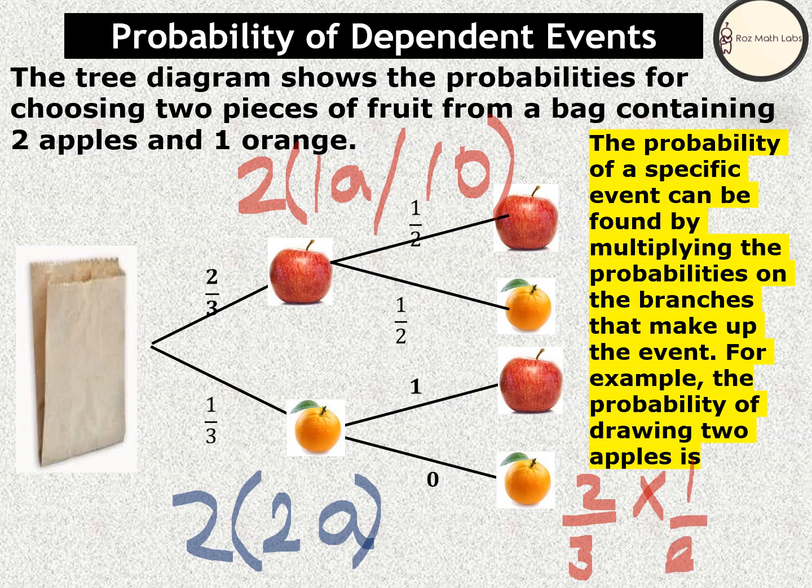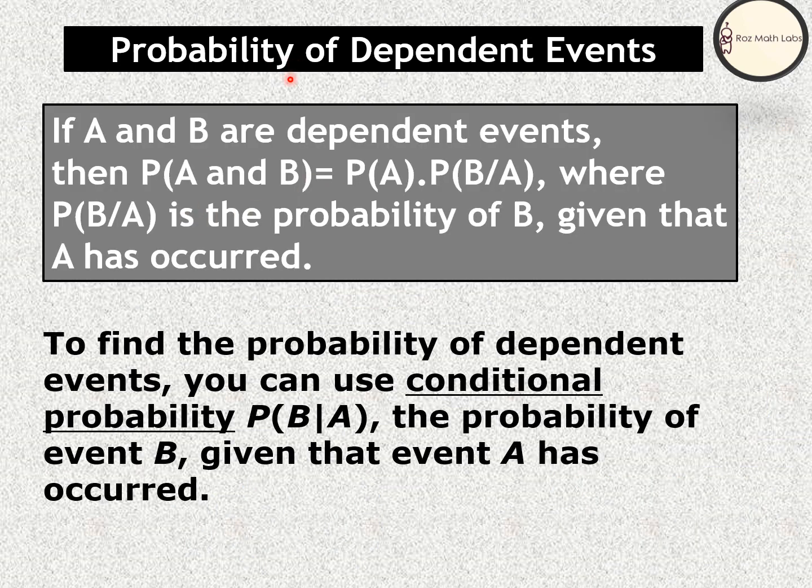So we get the answer as 1 over 3 in the simplest form, because it will be 2 over 6, that is 1 over 3. Hence we can summarize that if A and B are dependent events, then the probability of A and B will be probability of A into probability of B given that A has occurred.